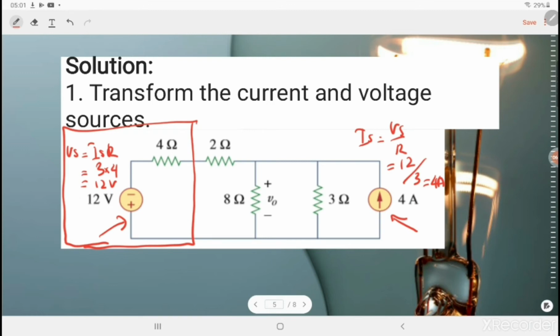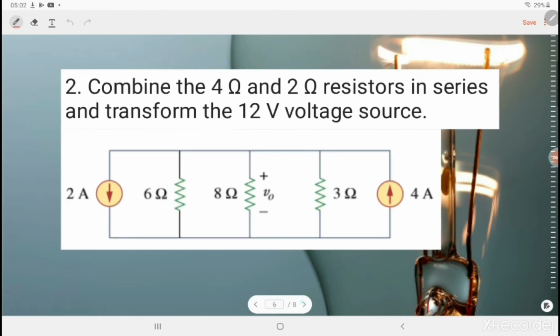The 4 ampere current source must be in parallel with the resistor. This circuit shows that we have already transformed the current source into a voltage source and the voltage source into a current source. So we go to the next steps.